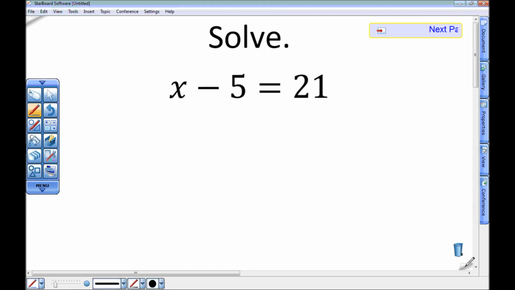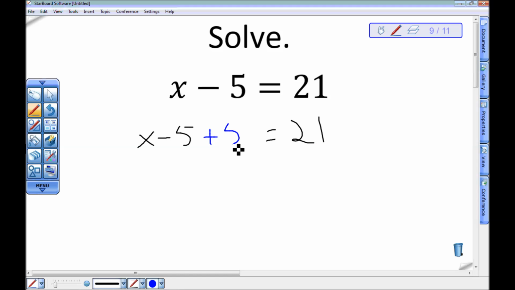Just a couple of quick, short examples of using this. Here I have x minus 5 equals 21. So I can add 5 to both sides of this equation. I chose 5 because if I add 5 to x minus 5, when I simplify the left side I will get just x.